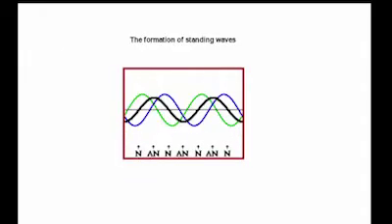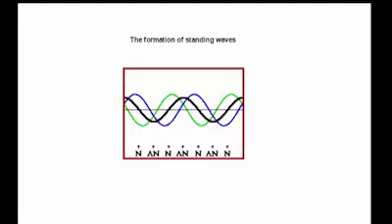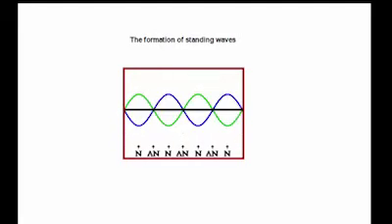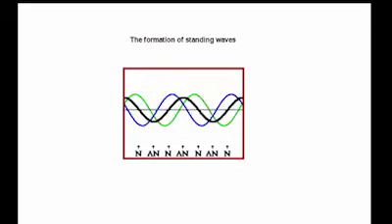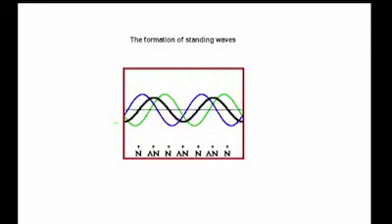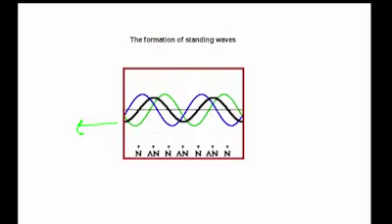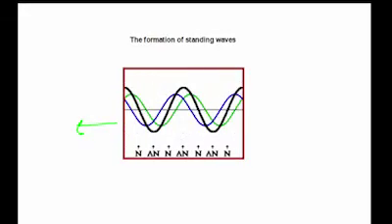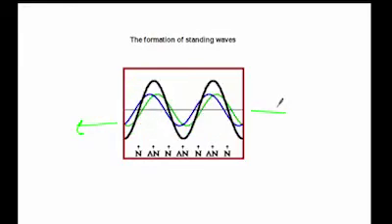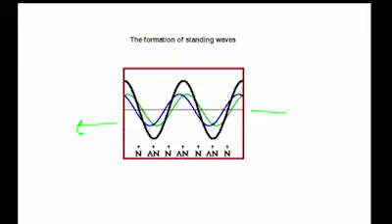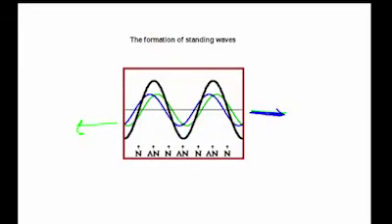Now, this is a simulation which shows the formation of standing waves. We have here a green wave which is moving to the left and a blue wave which is moving to the right.